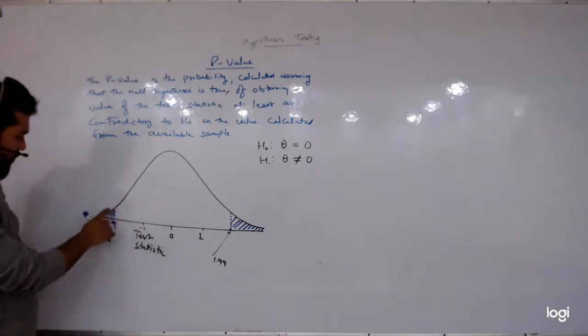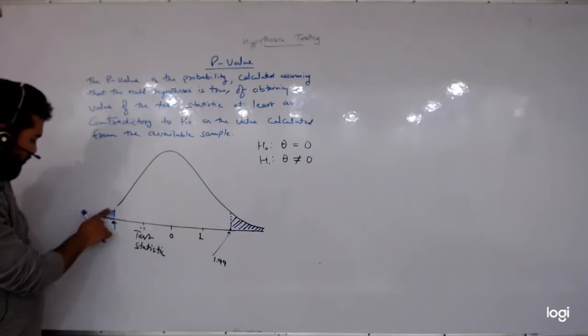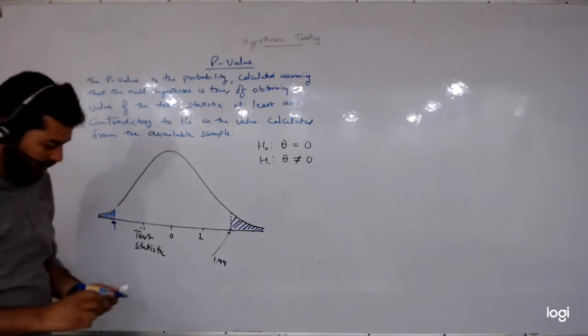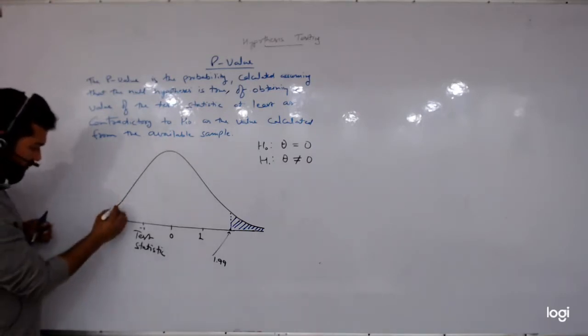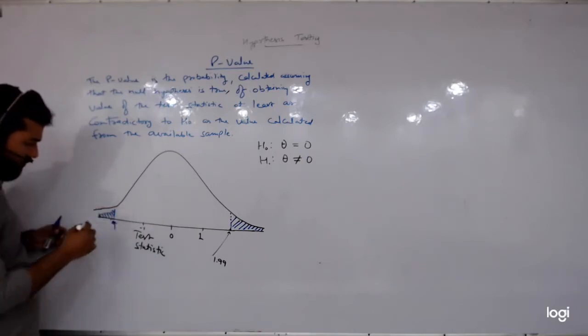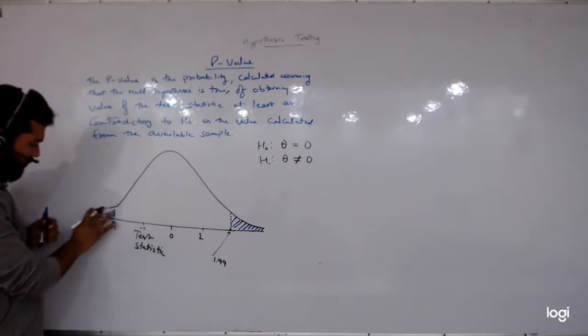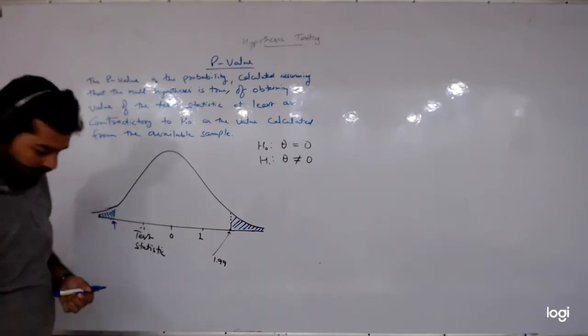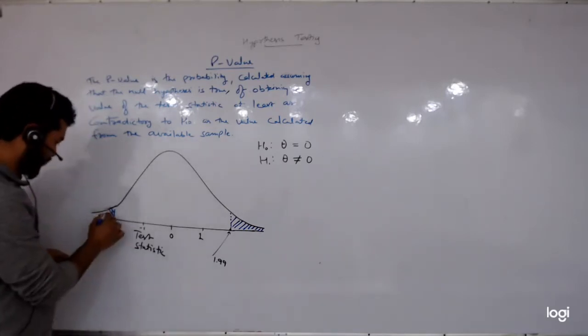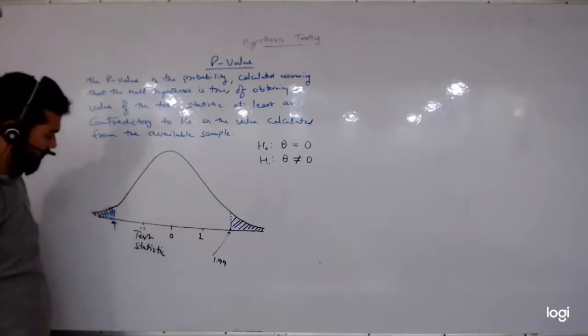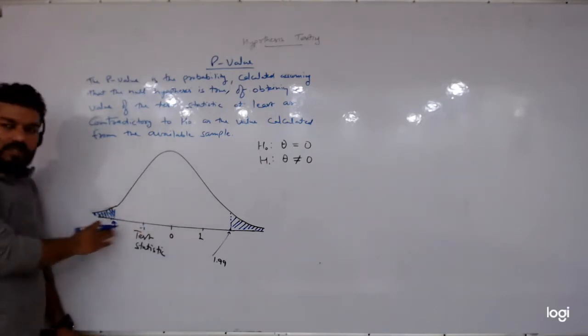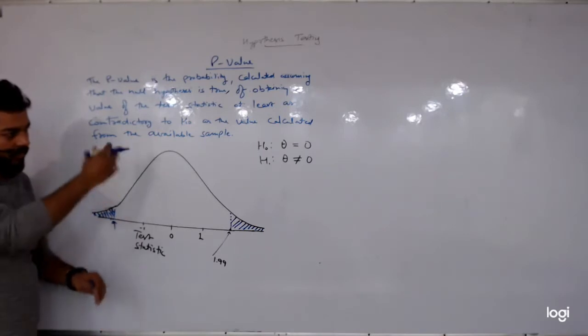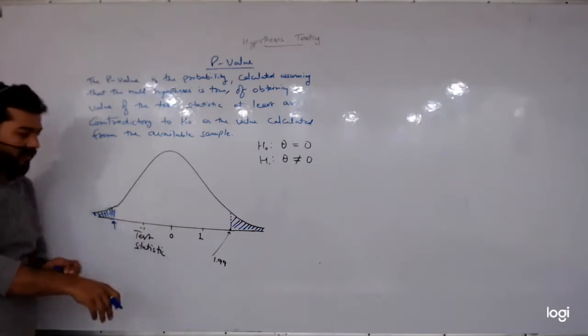The tails should be similar. So we're still doing a two-tailed analysis because our alternative hypothesis is such.